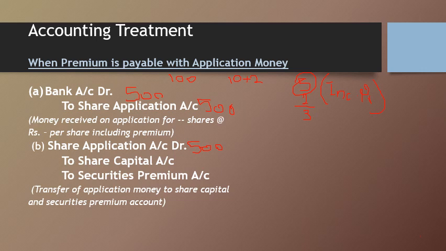The real application money is rupees 3 only. That only we can transfer to the share capital. So 3 into 100, rupees 300 will be transferred to the share capital, and the remaining 200 is premium, it should be transferred to the security premium account. So this is how we record issue of shares at premium when the premium is collected along with the application.